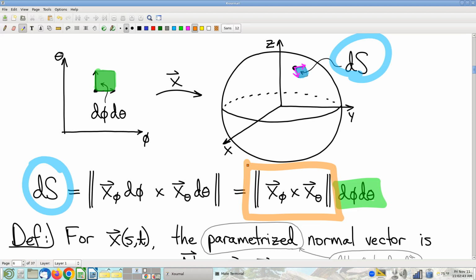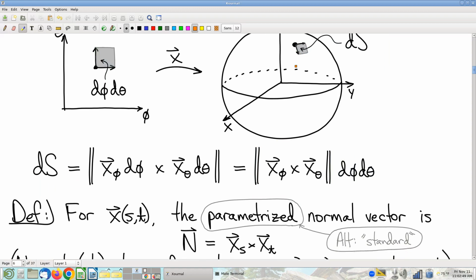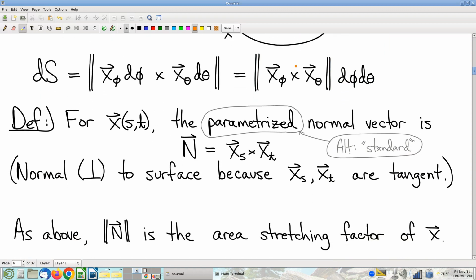Okay. So, with that done, I'm going to point out that this vector here on the inside, the thing whose magnitude is the stretching factor, turns out this vector is going to be interesting. It's going to be useful in a lot of ways. So I'm going to give it a name and a notation.